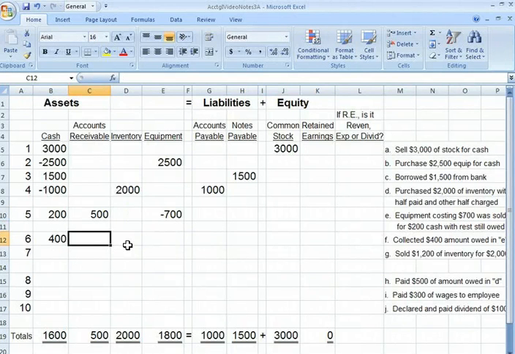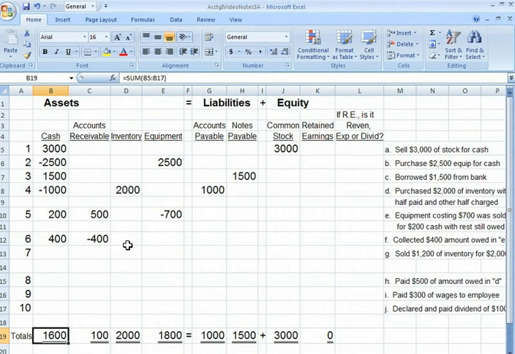They have paid off $400 of my claim against them. So I'm basically exchanging $400 of my claim against the person who bought the equipment for the $400 cash that they have paid. So if you notice down here, the running total in the accounts receivable account shows that they still owe me $100. Does the balance sheet still balance?